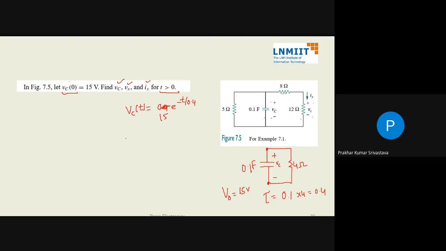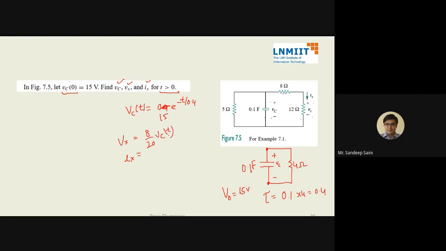Now tell me what will be Vx or Ix? Vx will be 8 by 20 of Vc of t.